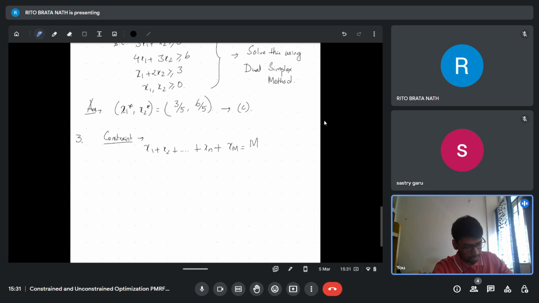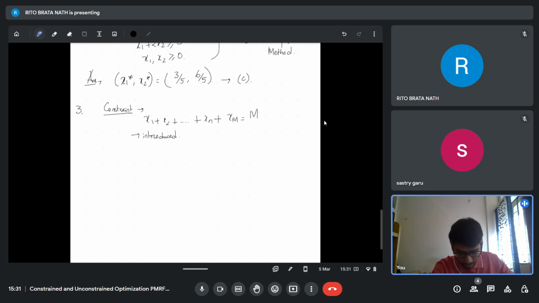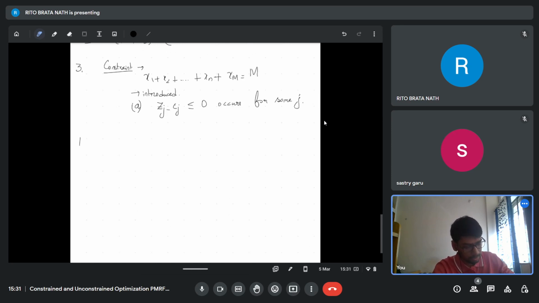So this is introduced when the optimality criteria is not satisfied. So the answer will be A, where Zj minus Cj is less than 0 for some j. So I think that was discussed in the class as well, so that's fine.